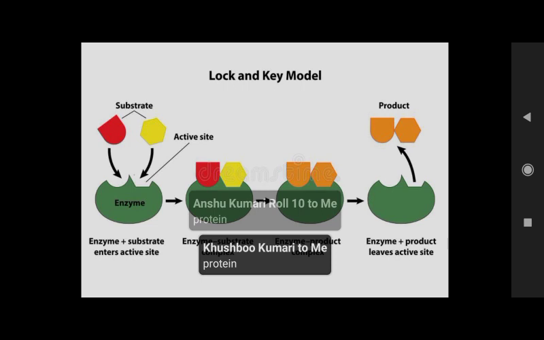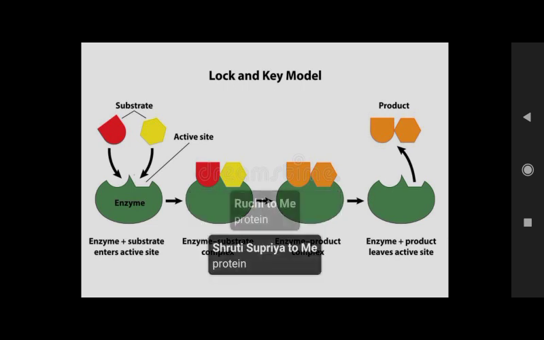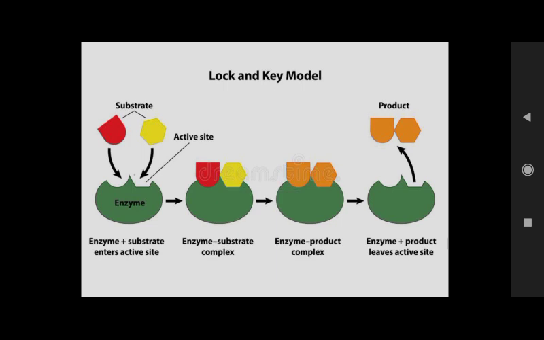Khushbu, very correct. So the enzyme is pepsin and the substrate is protein. This protein will bind with pepsin only. It is not like pepsin will digest carbohydrate or fat. So enzymes are highly specific in their action.